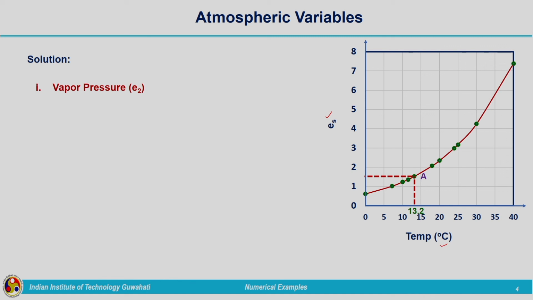So, A has coordinates 13.2 comma ES, that is, for a temperature of 13.2 we have a saturation vapor pressure ES. But what we want to calculate here is the vapor pressure. In the question it is not asked about the saturation vapor pressure, it is asked to calculate the vapor pressure corresponding to a temperature of 13.2.